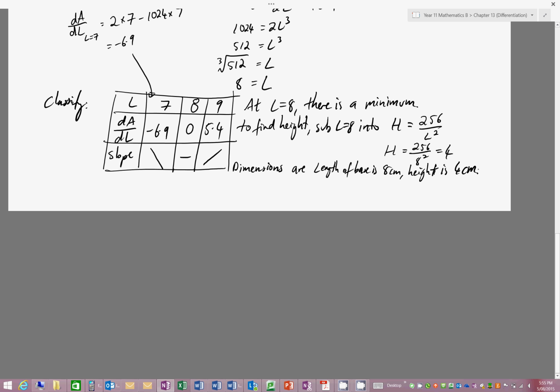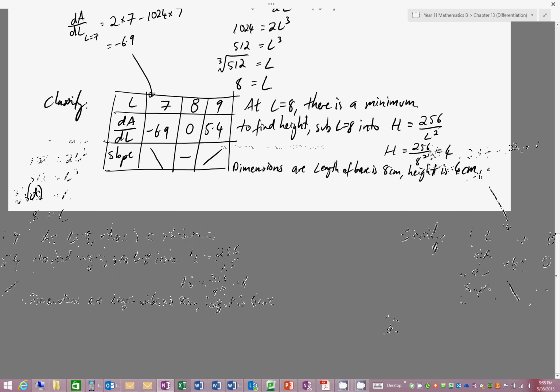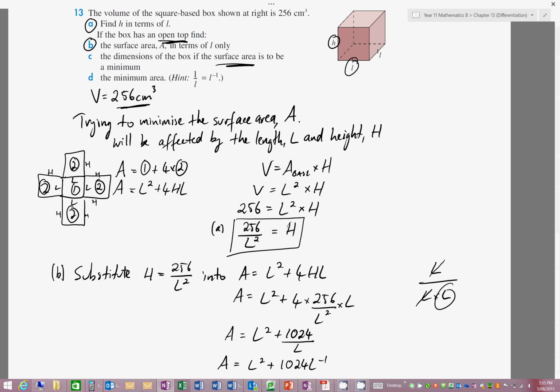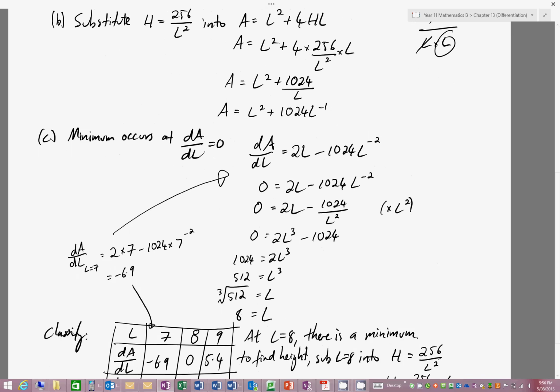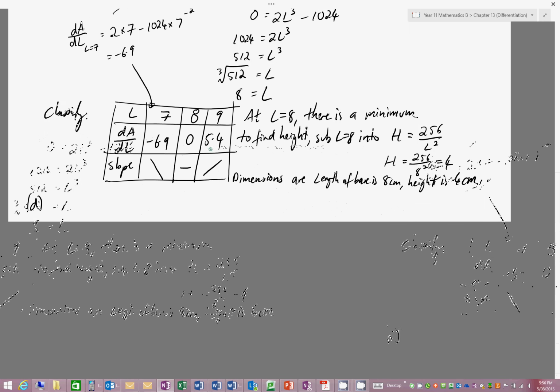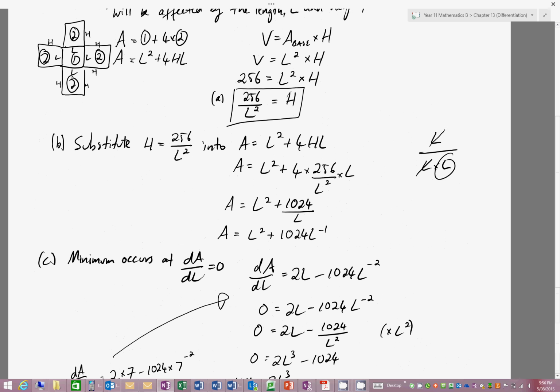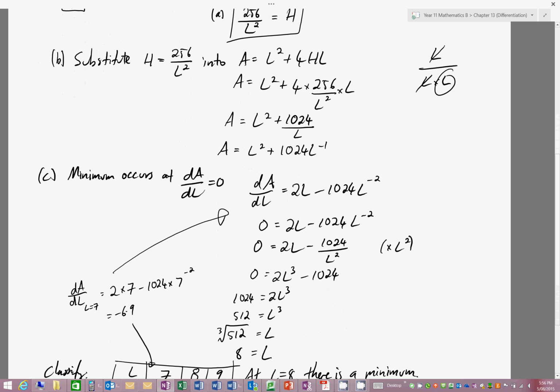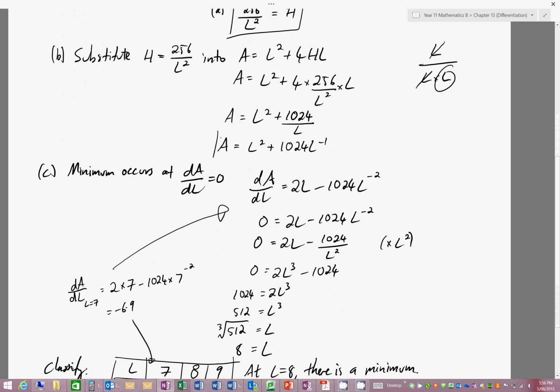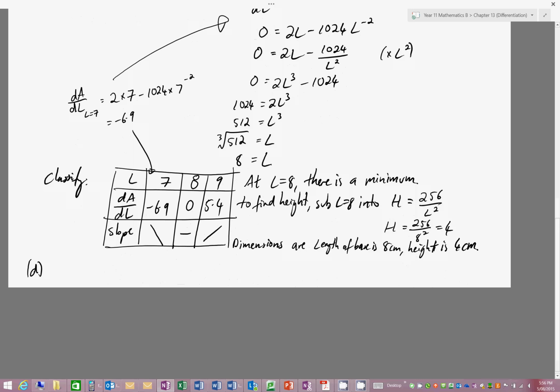I found the dimensions. Part D asks for the minimum area. So I have a formula here for the area in terms of L. I'll use this formula to find the area given that L is equal to 8.